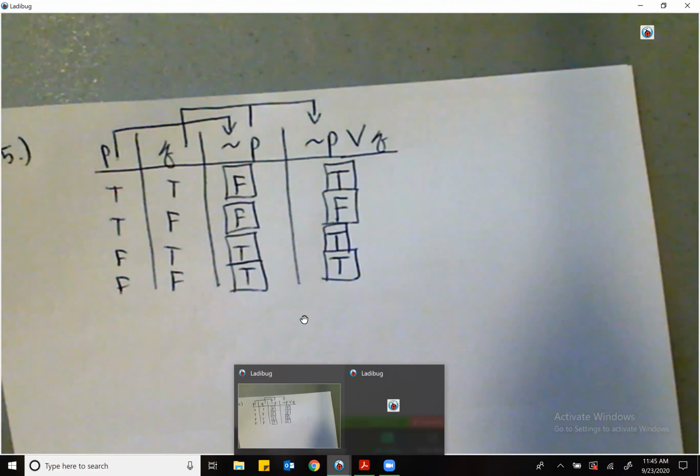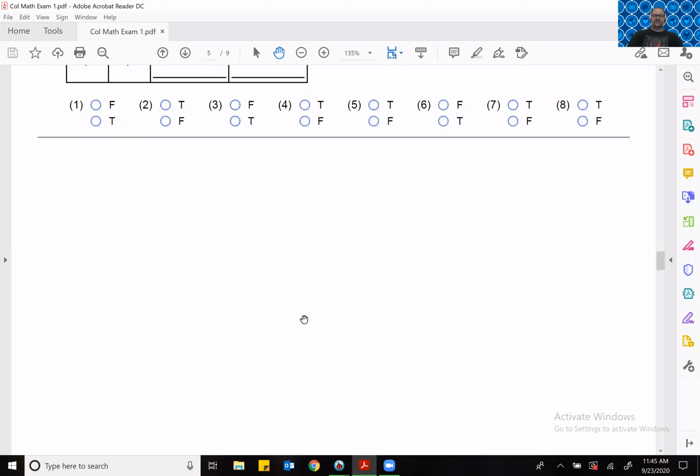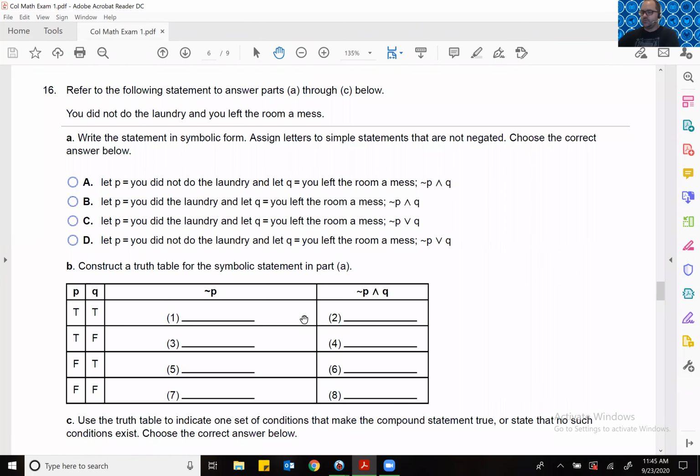Okay. Moving to number 16. So number 16, they give us a sentence: you did not do the laundry, and you left the room a mess.